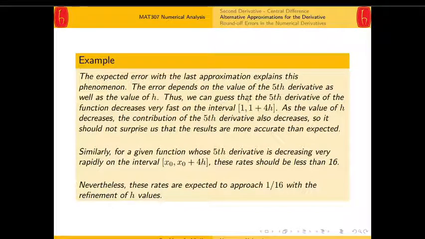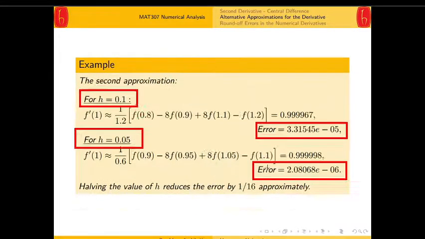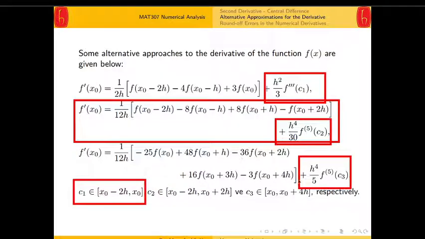Thus, we can guess that the fifth derivative of the function is decreasing very fast on the interval. So the error with the third approximation was this quantity, and here we have two terms, the h term and the fifth derivative of the function on this interval.